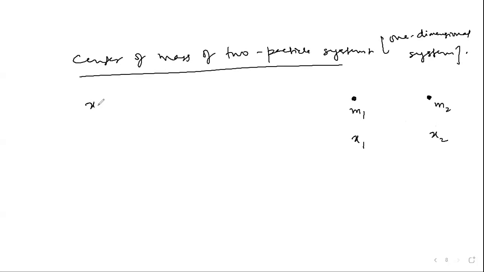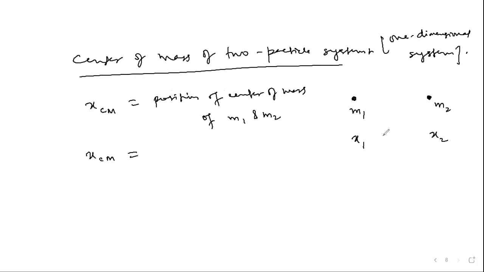So by definition, xcm, the position coordinate of center of mass of the system of particles, is given by 1 by M, m1x1 plus m2x2.